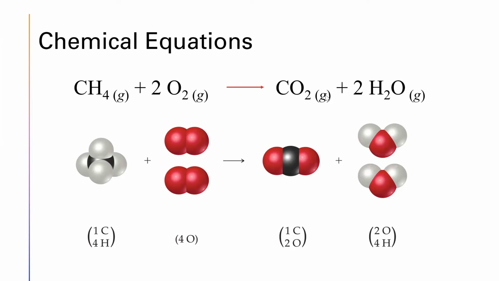This is the projection from this reaction. We have CO2, consisting of one atom of carbon and two atoms of oxygen, and we also have two molecules of water. This is the oxygen, and this is the hydrogen.